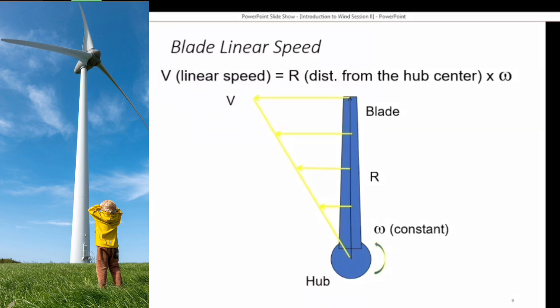Already we know that kinetic energy is equal to one half times the square of the linear speed, because kinetic energy is 1 over 2 mv squared. And you can see that v squared, with v equal to radius times angular speed, means that this radius is squared. It means it has a very significant role in the output or in the kinetic energy production.